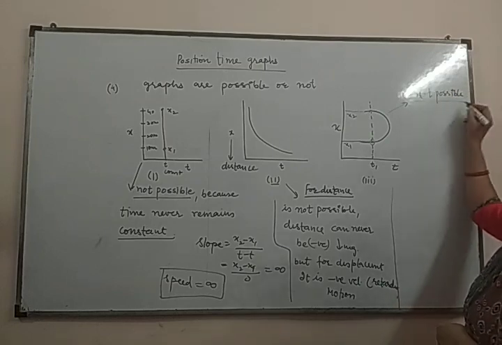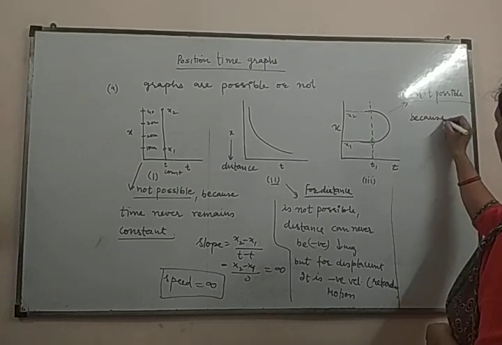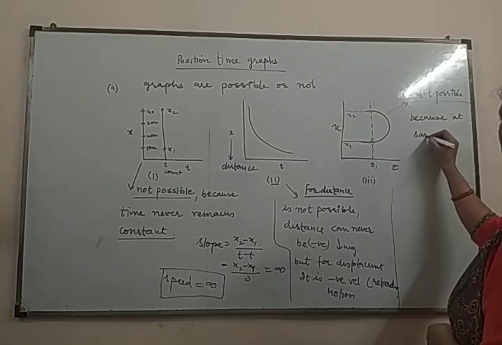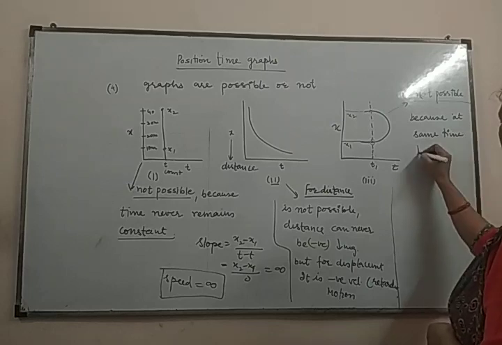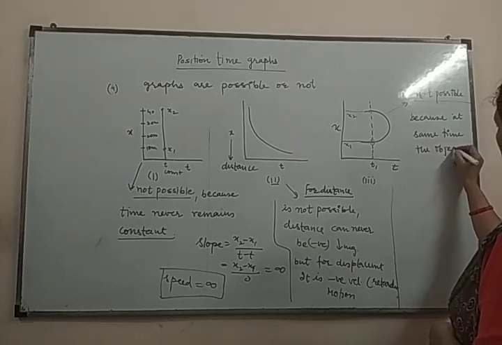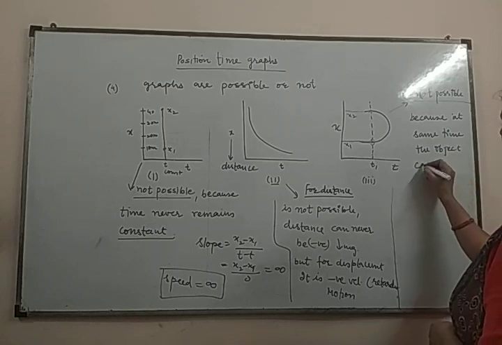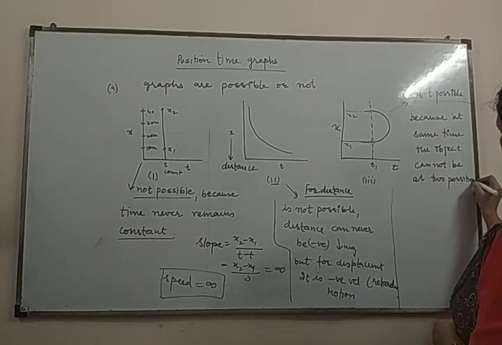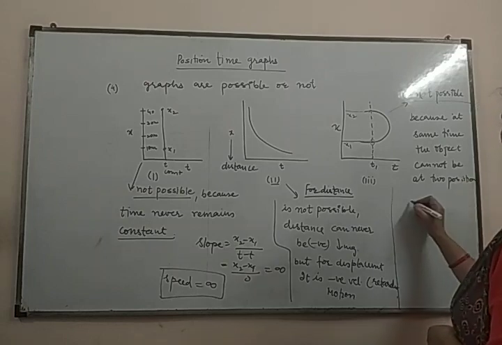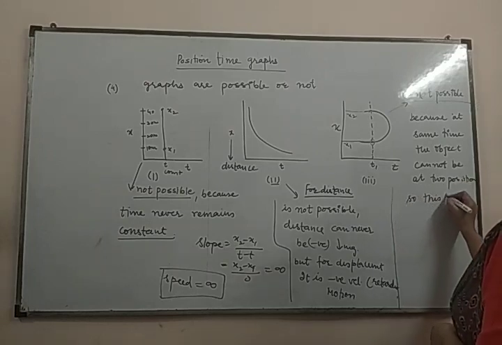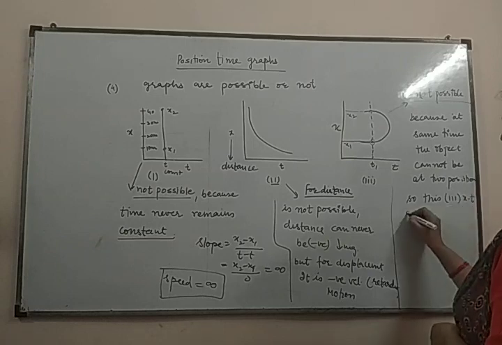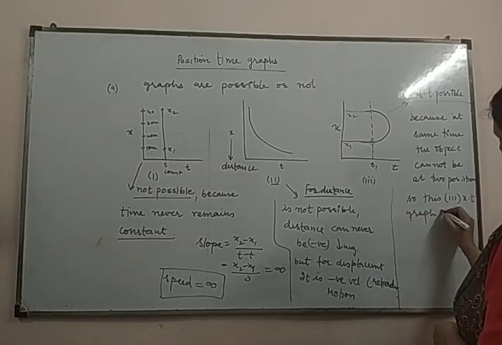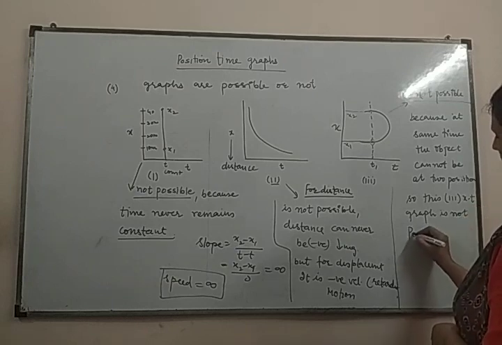Because at the same time the object cannot be at two positions. It will be only at one position. So this xt graph is not possible. Understood? So the next graph is the vt graphs.